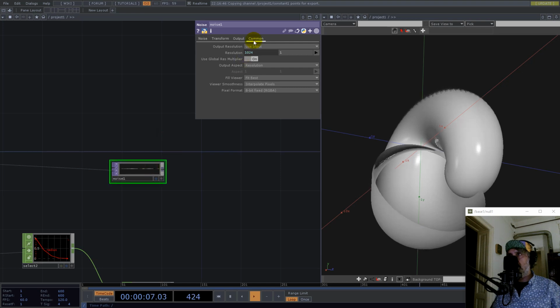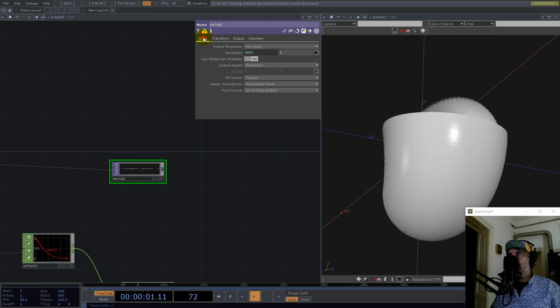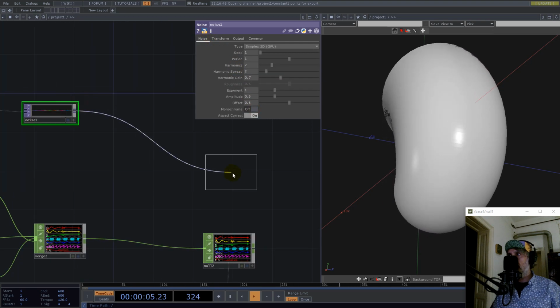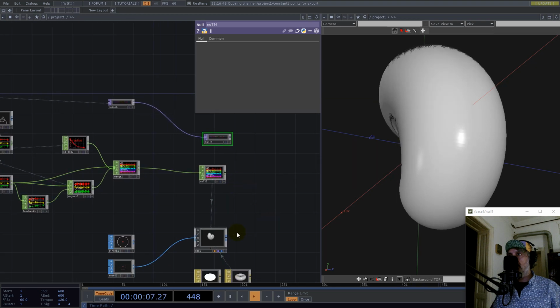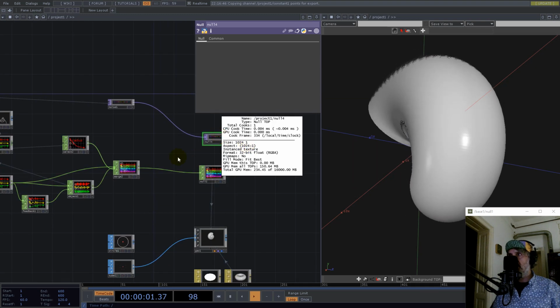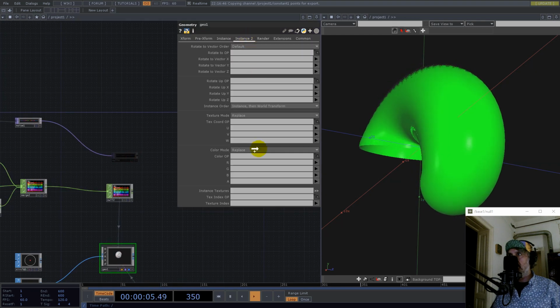Let's make this 32-bit RGBA and color. Now a null, and now I can drop this null since it has the same amount of samples, the resolution, and I drop it here.